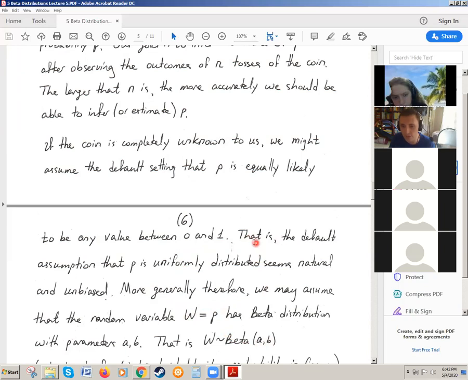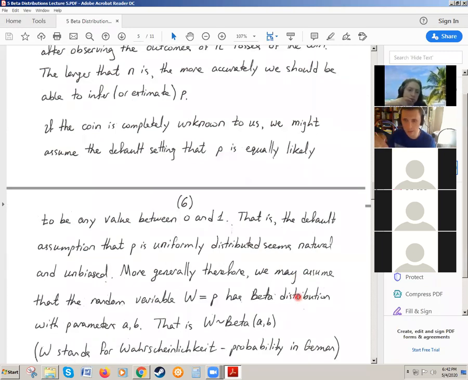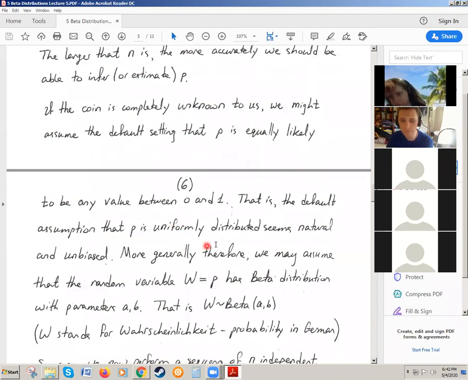So it's fairly safe to assume it's uniform at the beginning, and it's even safer to assume it's some beta for some values a and b, whatever they are. I will solve concrete examples. In practice, you would assume without any prior experience that p is uniformly distributed, and then you update it. Based on what happens, you now can say something else.